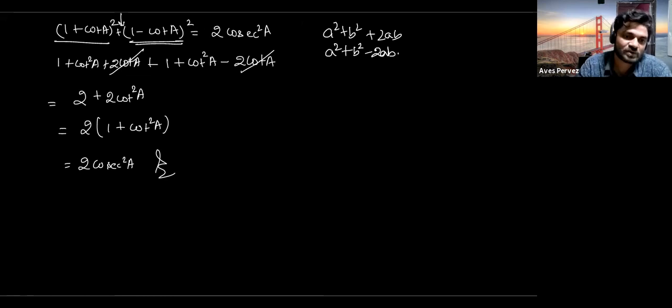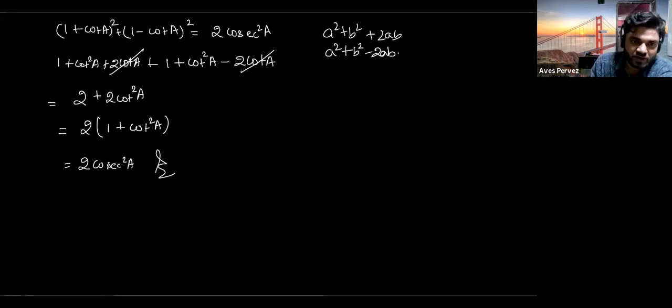Most of the problems can be easily solved if the square is given to you. If the square is given, then most of the time you have to open it, and then you can easily solve it. How? When you open it, 1 square is 1, cot whole square will be cot square, and then plus 2ab.